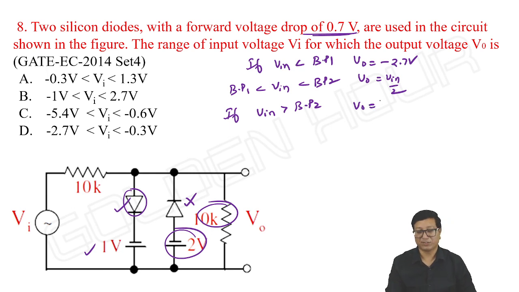I'm directly writing the answers because we are well aware of it. Okay, output is 0.7 plus, minus 1. It is equal to minus 0.3 volts. Okay, that's it.